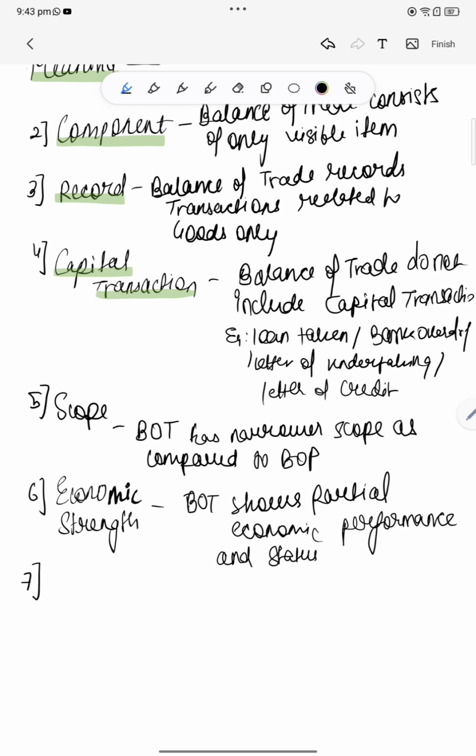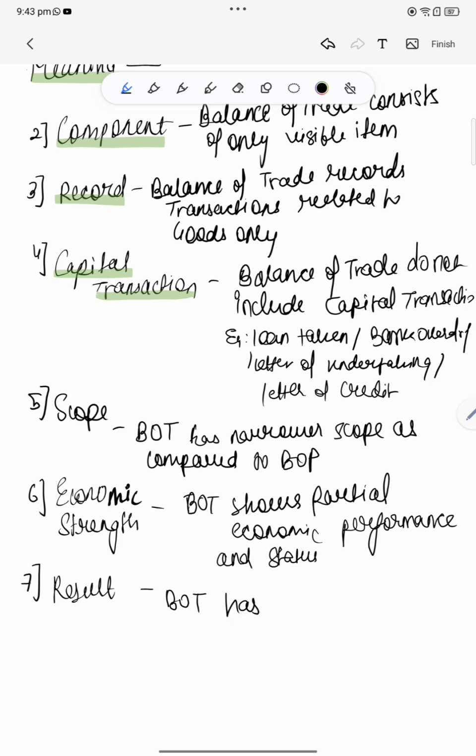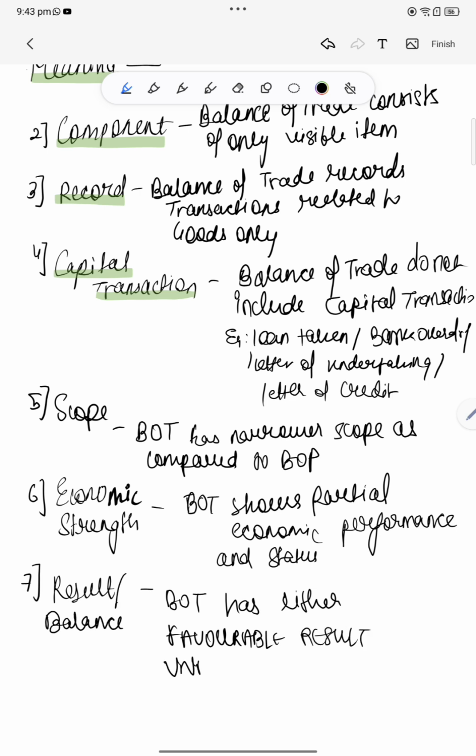Then seventh is result. BOT has either favorable result, you can also say it as balance, or unfavorable result. Favorable result means when exports are greater than imports, and unfavorable means imports are greater than exports.